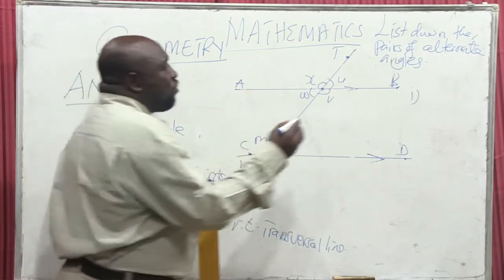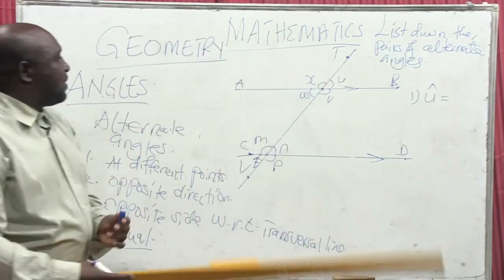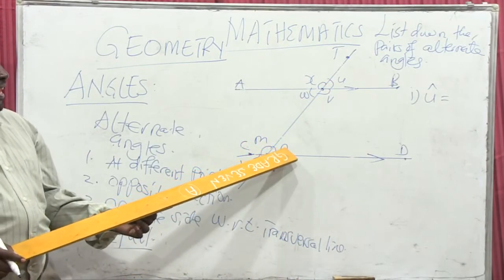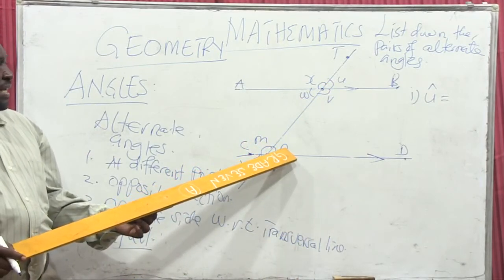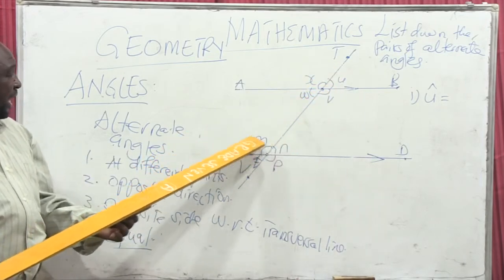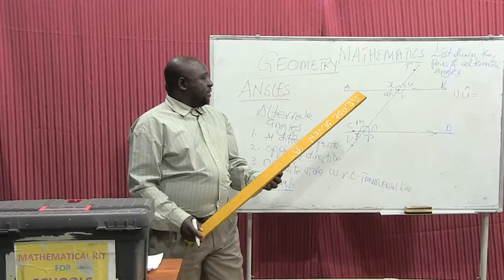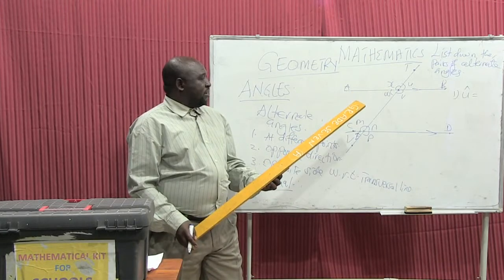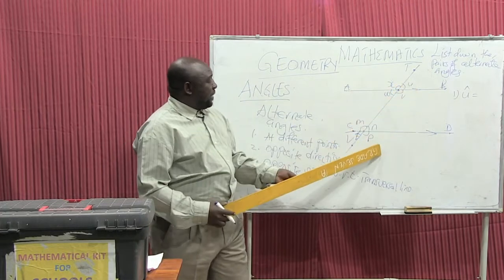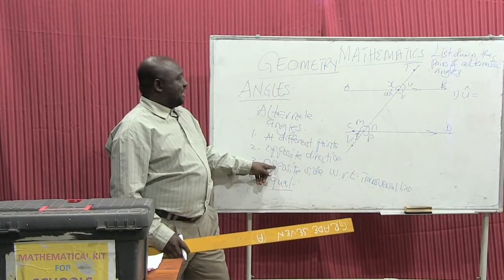So U equals to, try U equals to, is it equal to N? Yes, but not alternating. It is corresponding to N. We are looking for the alternate angle to U. Is it P? No, because U and P are on the same side, not opposite sides.